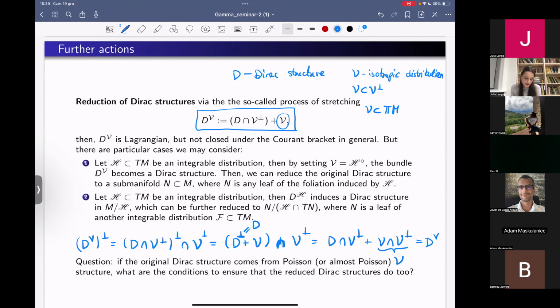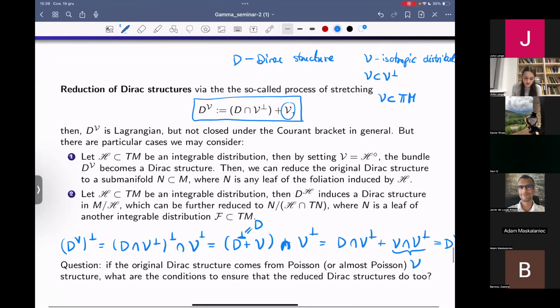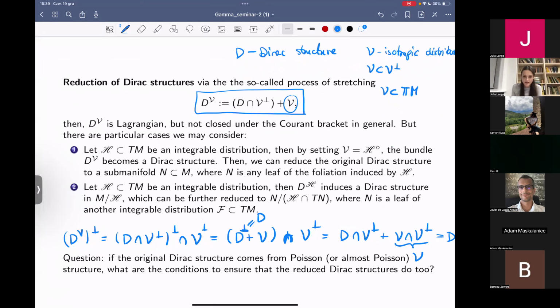However, there are several cases we might consider because they lead to closure under the bracket. Like we can choose the distribution H in Tm, and we set this distribution nu to be the annihilator of H. And then it turns out that this bundle, the stretched Dirac structure, becomes also a Dirac structure.